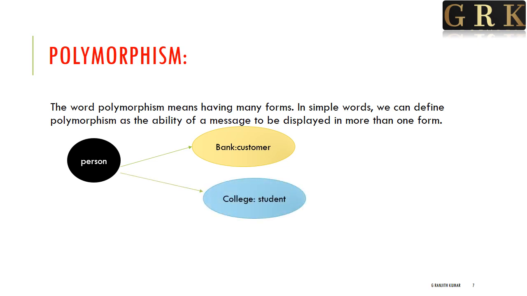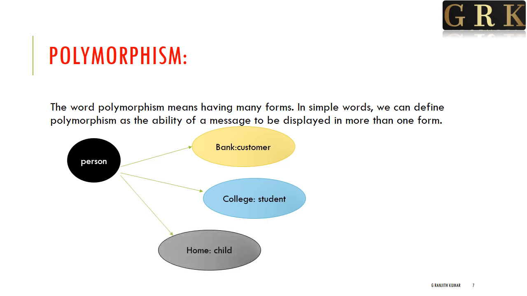Now the same person when he is in the college will be called a student and behaves how a student should behave in the college, and this behavior is different from his behavior as a customer in the bank.